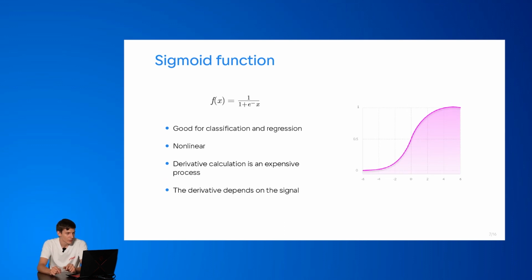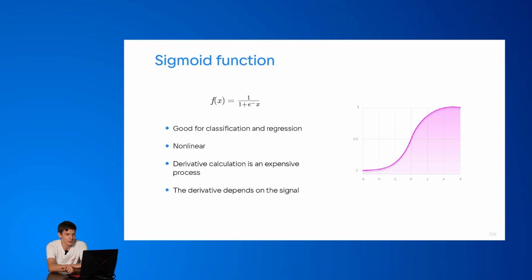To find a nonlinear approximation, the sigmoid function can be used. The derivative depends on the signal, so it is suitable for complex classification and regression tasks. However, derivative calculation is an expensive process because this function is complex and it takes a lot of time to calculate a Taylor series expansion of the sigmoid function.